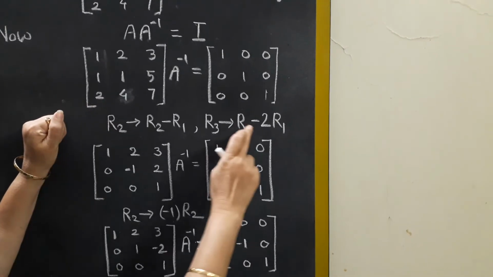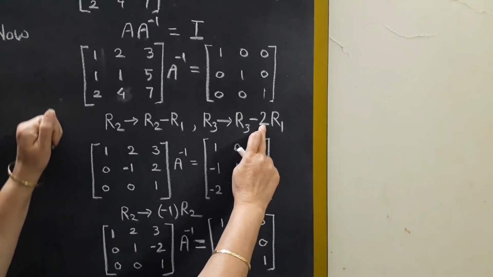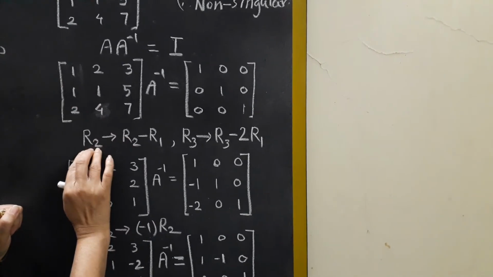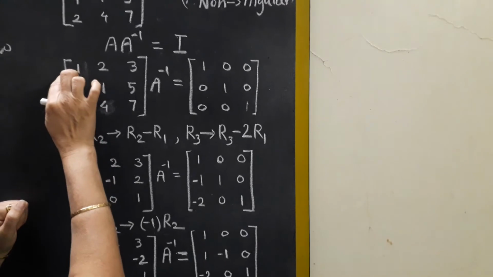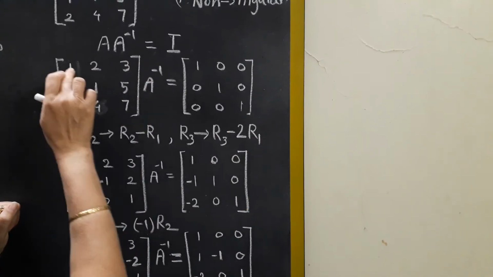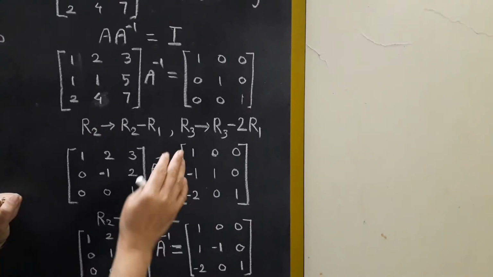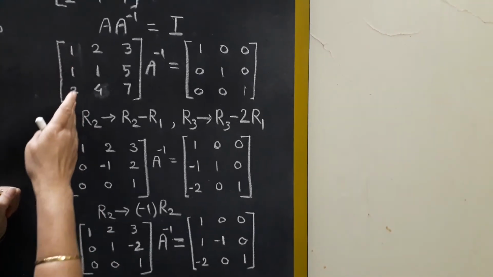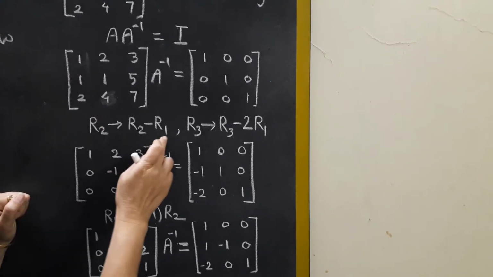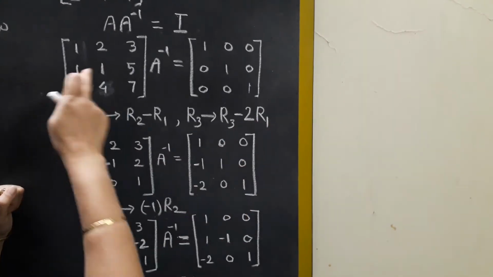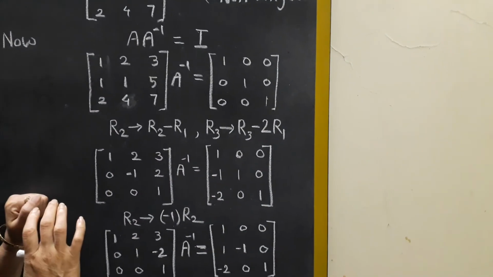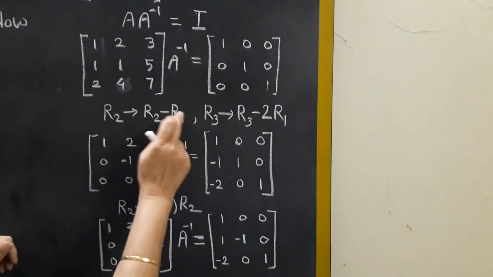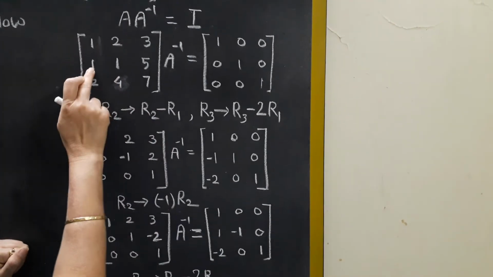So our K will be -2, multiplied by R1, not R2, because we are going to change R2 also. We change it with the help of R1. You can remember this: when we use row transformations to complete the first column, we always make use of R1 to convert the other elements into 0.